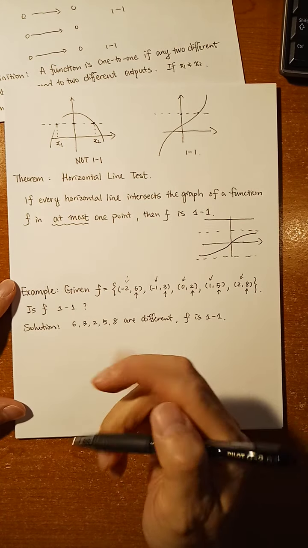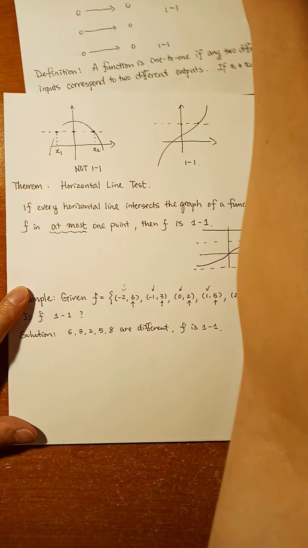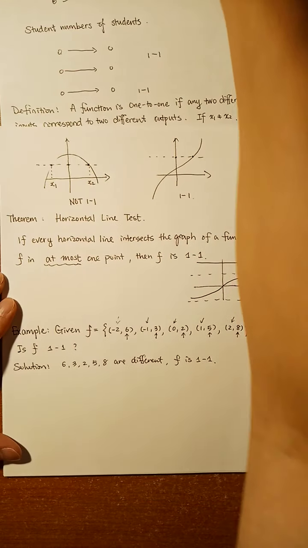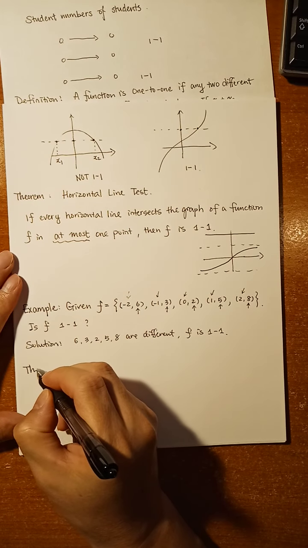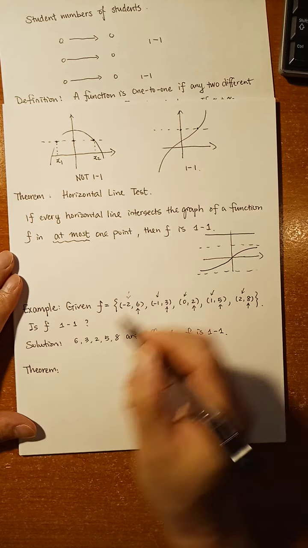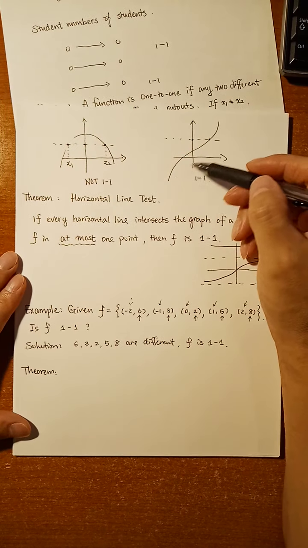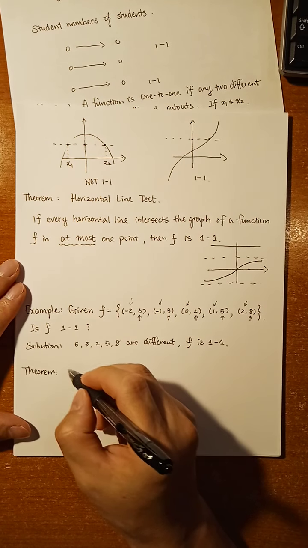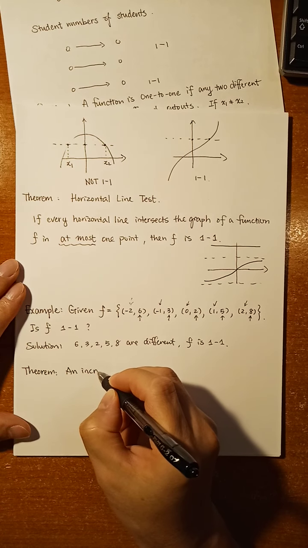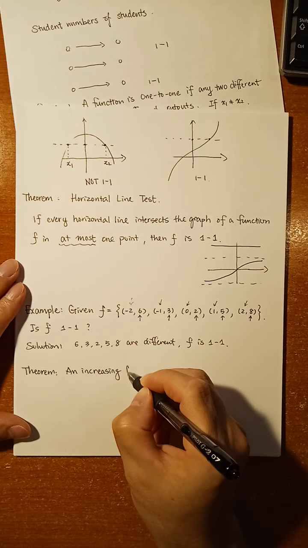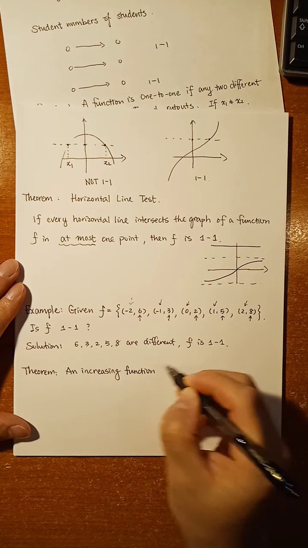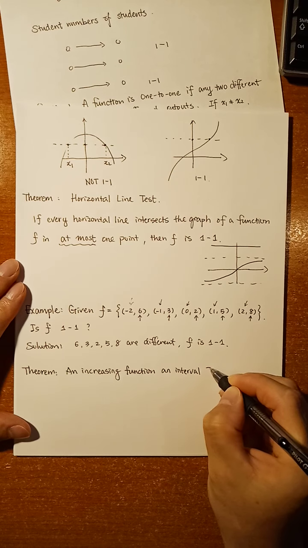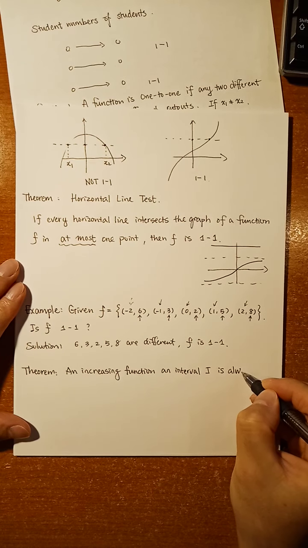And two simple cases from the so-called horizontal line test: what is this graph? This graph is always going up, so this is an increasing function. An increasing function on an interval I is always 1 to 1.